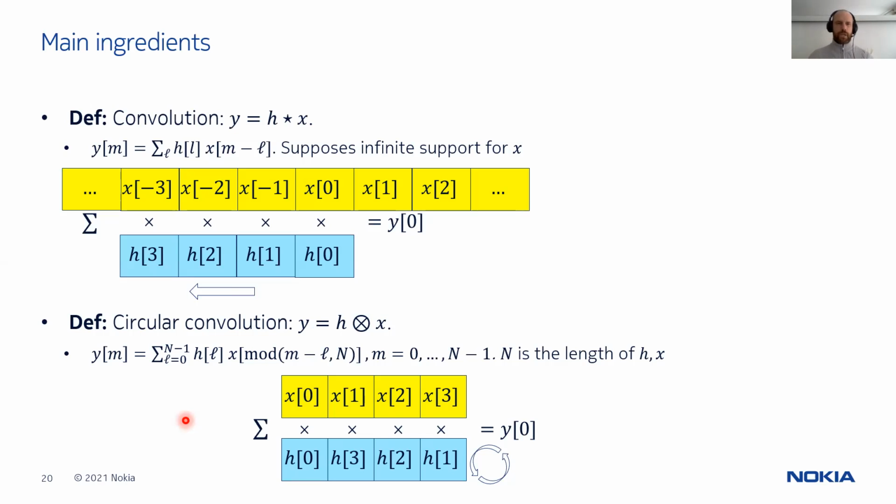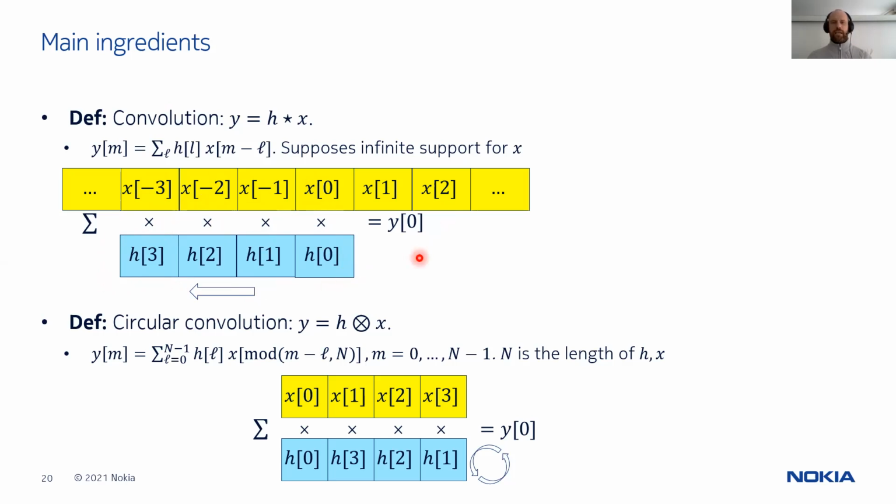So first of all, what is convolution? We just saw it. It's a weighted combination of the input signal, where the weights are what we call the impulse response.